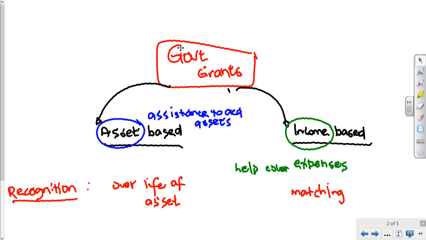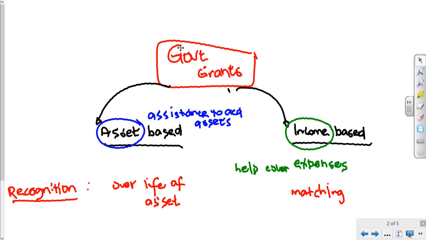And so when we apportion the government grant that we've received, we apportion it like that, 100 over 330, 110 over 330, 120 over 330. It is matching, it is not even. So sometimes it's even, sometimes it's not, but be careful with it. It's matched to the expense.